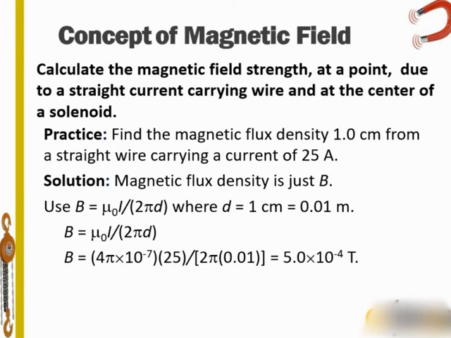Okay, so that is going to be the magnetic flux density at a point 1 centimeter from a straight wire, which is carrying a current of 25 amps.